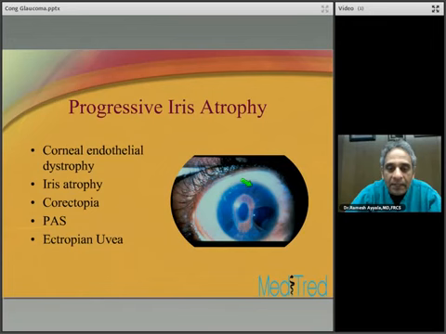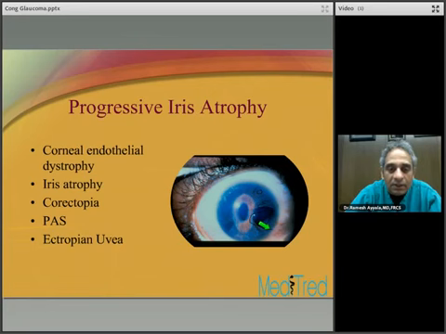Contraction of this membrane would give rise to the formation of peripheral anterior synechiae, closing the angle, giving rise to glaucoma. At the same time, it can choke the iris tissue to either form pedunculated lesions or iris atrophy with corectopia and polycoria, as is seen in this particular patient.